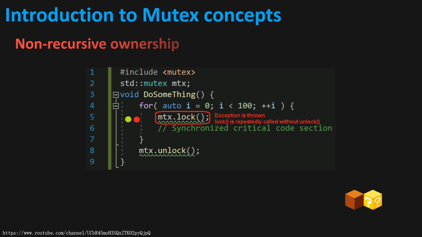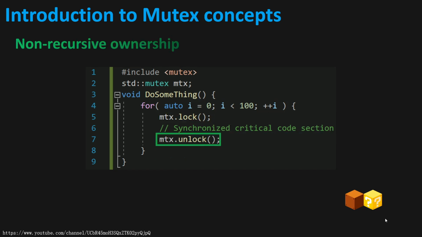That is, as shown here, if lock is attempted again without unlocking, it will result in an exception. For such usage, std recursive mutex has to be used. The correct usage of std mutex is to call the corresponding unlock for every lock as shown here.